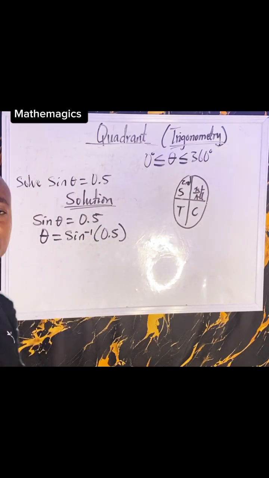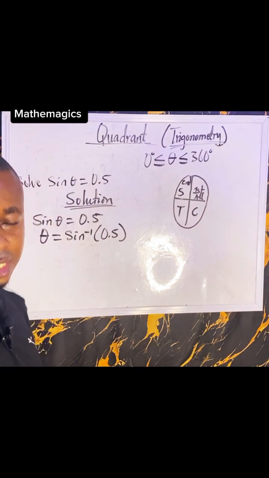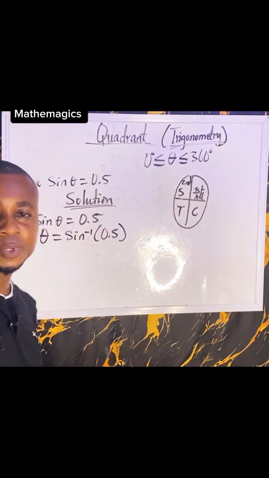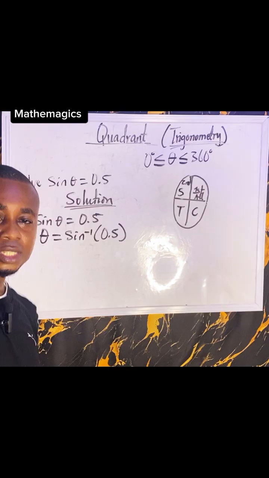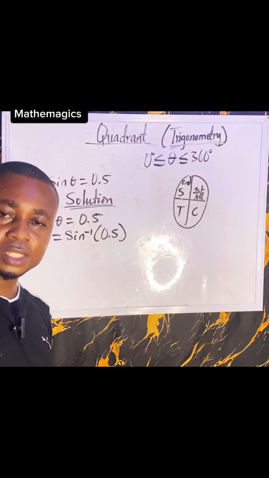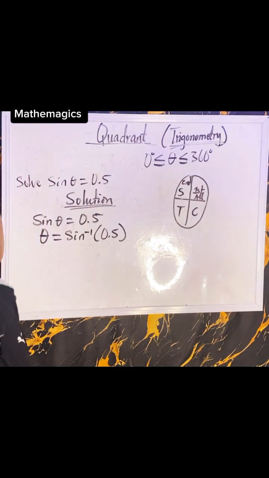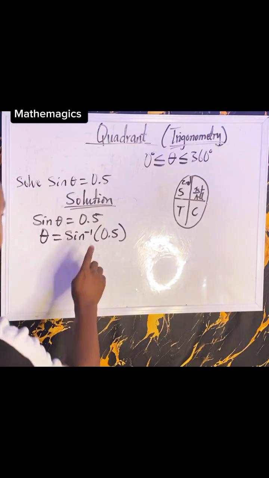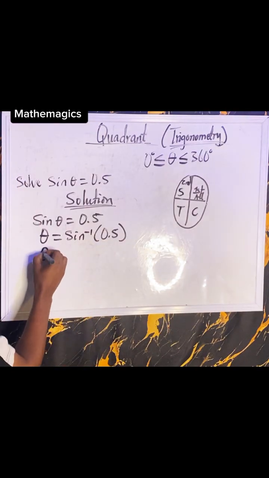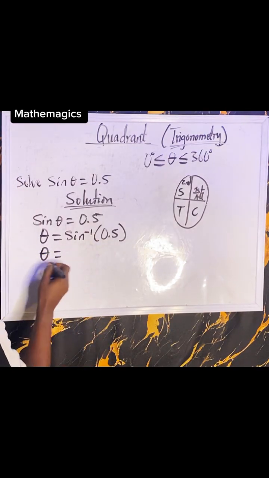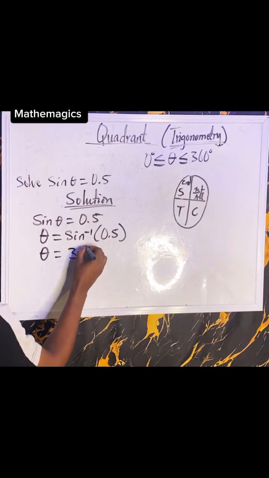By the time you punch sine inverse of 0.5 in your calculator, you get the value of 30 degrees. Yes, 30 degrees is one of the special angles: 30, 45, 60, then 90. These are special angles. So theta will be equal to 30 degrees.